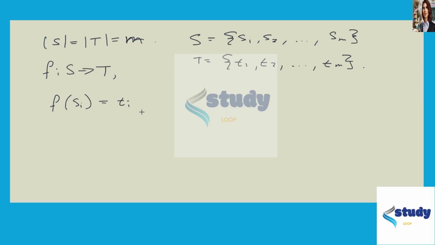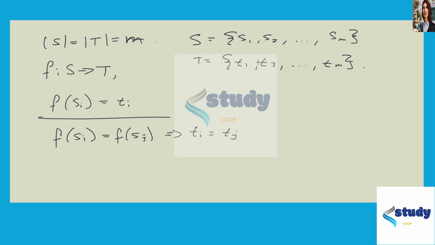Now it's our turn to prove that this is both one-to-one and onto. First, one-to-one: if f(s_i) is equal to f(s_j), then we want to prove that s_i is equal to s_j. By the definition of the function, we have t_i is equal to t_j.